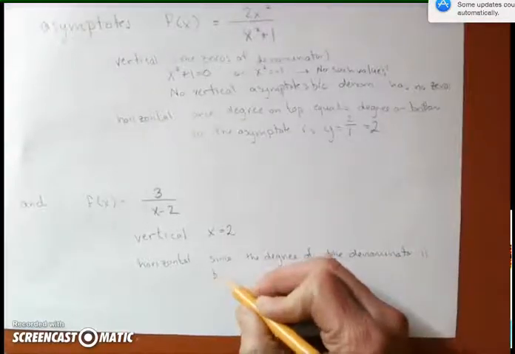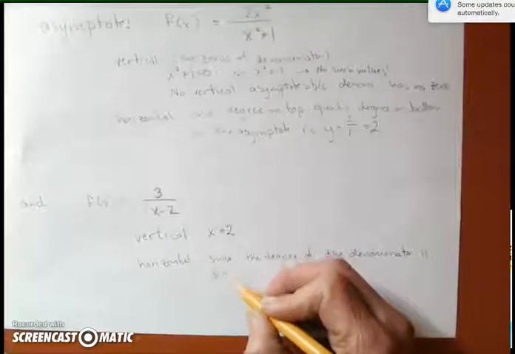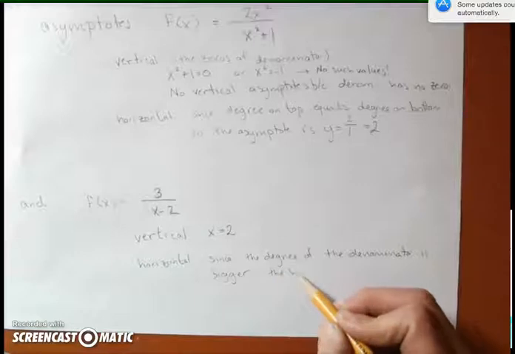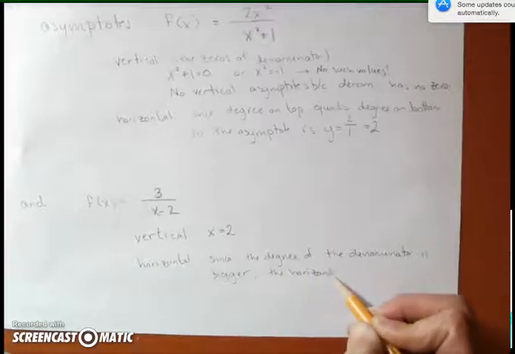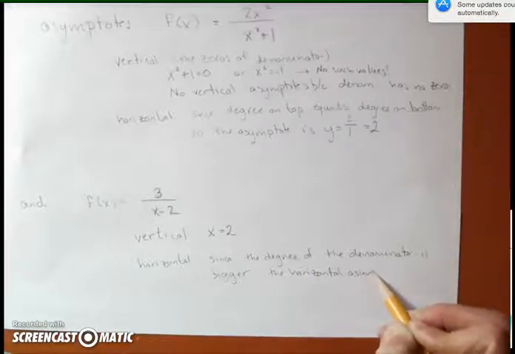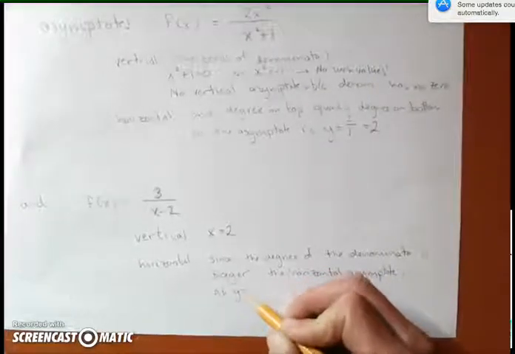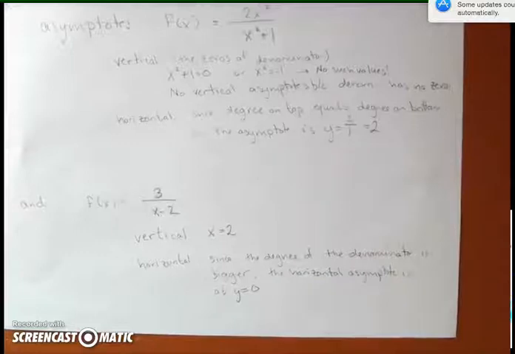I might have said smaller before, but the degree of the denominator is bigger. Since the degree of the denominator is bigger, the horizontal asymptote is at y equals 0.